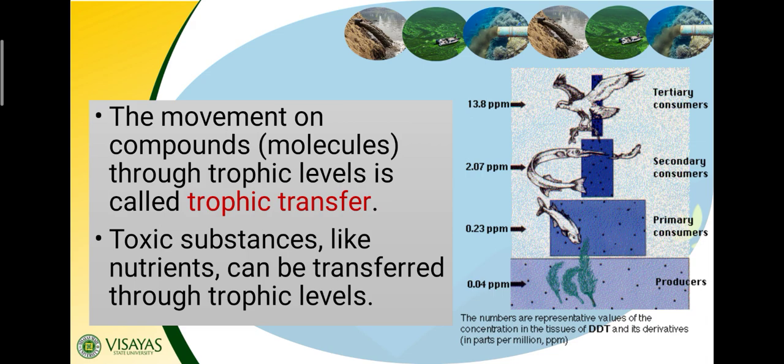It then gradually becomes concentrated in the tissues of organisms representing four successive trophic levels in a food chain. The process of concentration, measured in ppm or parts per million, goes right on up the food chain from one trophic level to the next.